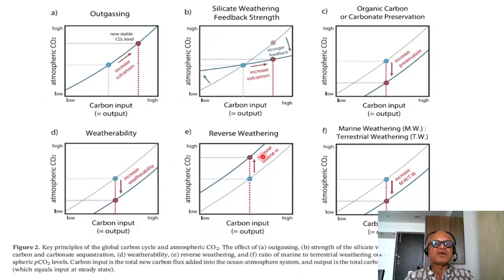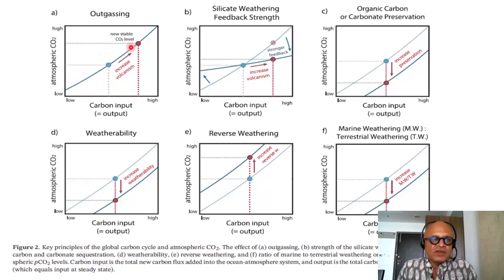Weatherability is very critical then in terms of changing weathering rates. Here let's start by looking at key principles of the global carbon cycle and atmospheric CO2. The effect of outgassing: here carbon input is equal to output in equilibrium, going from low to high, and atmospheric CO2 going from low to high. So if you have increasing outgassing, let's say increasing volcanism, obviously you will increase atmospheric CO2.